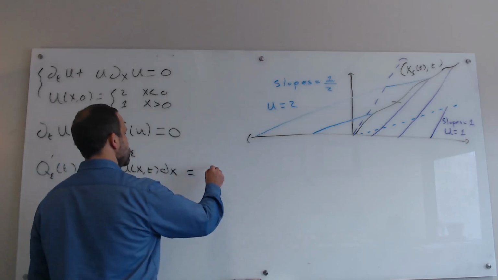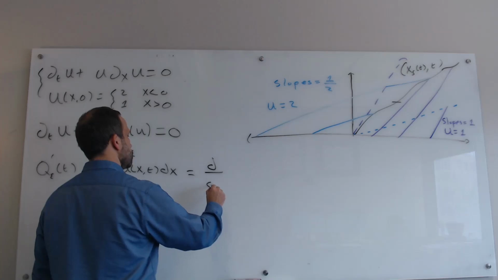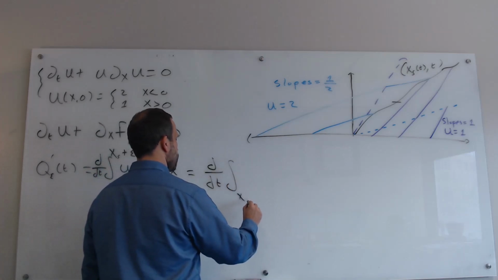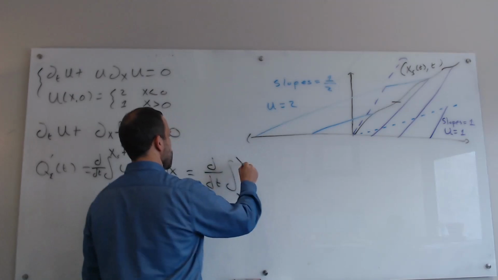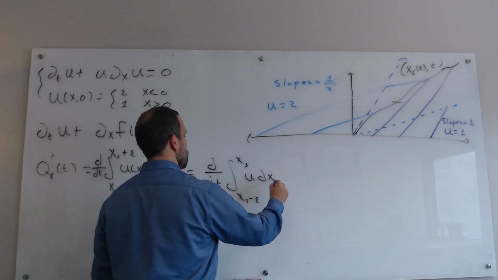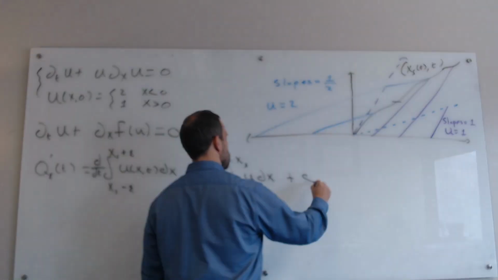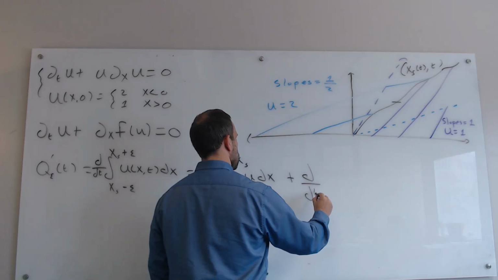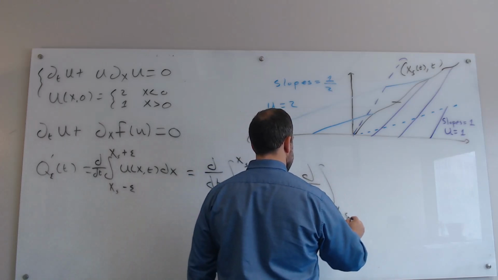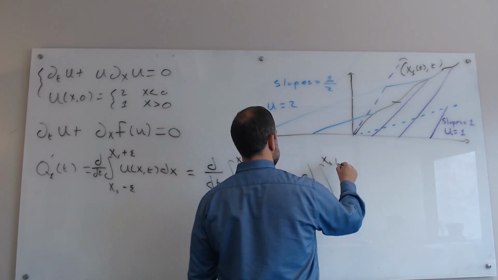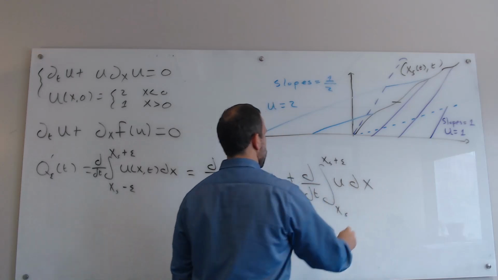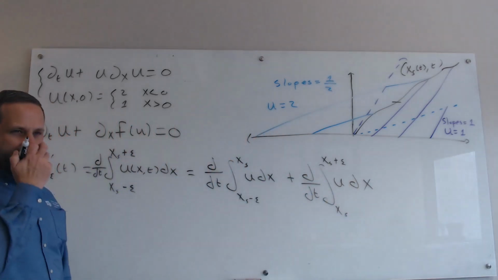So altogether, this is going to be the derivative with respect to t of the integral from xs minus epsilon to xs of u, plus the derivative of the integral from xs to xs plus epsilon of u dx. You just have to split it up because we have the discontinuity.